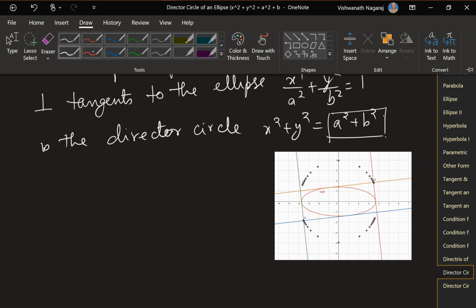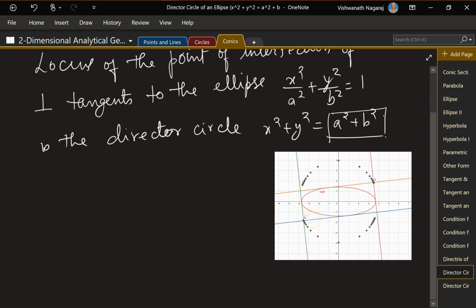For two tangents, there are two perpendiculars, so here also and here also. Now, if you look at the locus of the intersection of these, you will find that you end up with a circle. That circle is called the director circle of the ellipse.